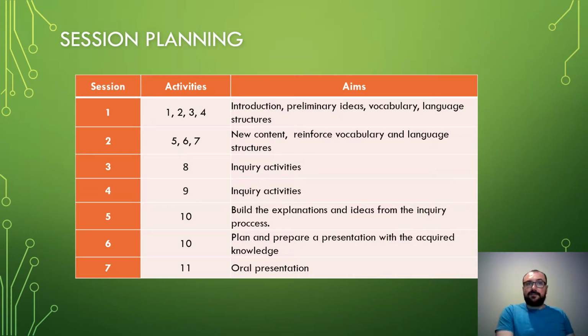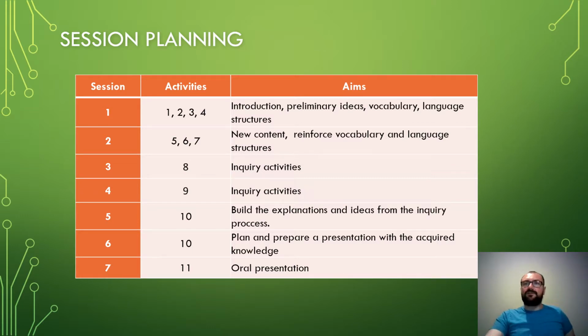This unit is planned to be performed in 7 sessions. In session 1, we introduce the topic, which is electricity and electric circuits, and elicit the preliminary ideas that the students have about the topic.